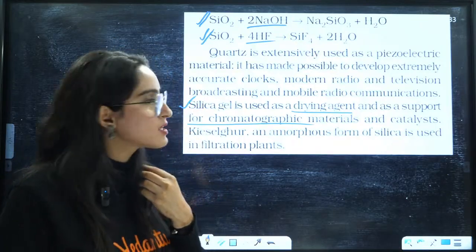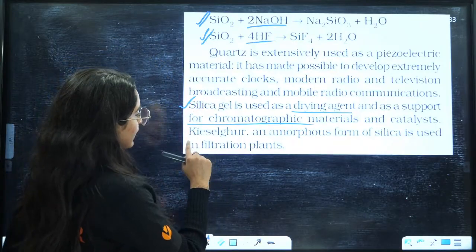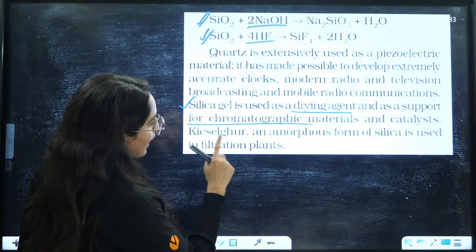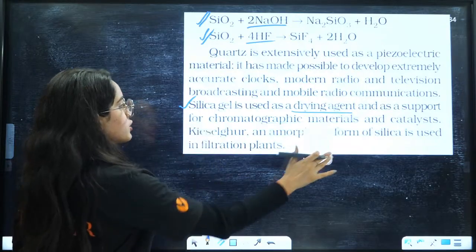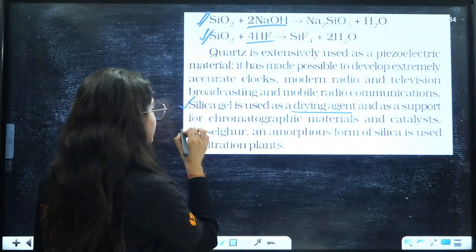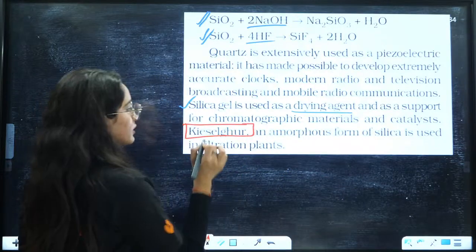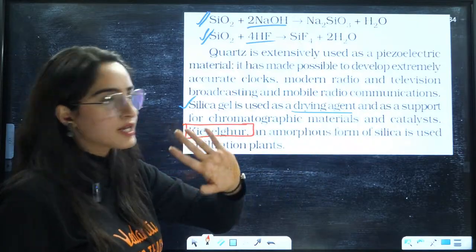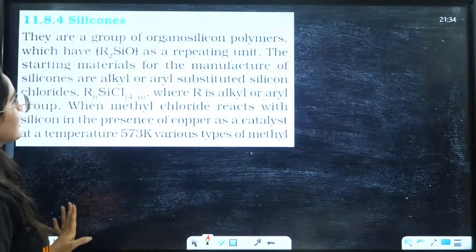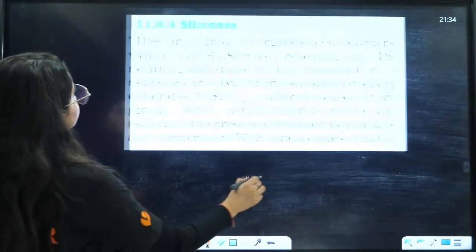Then an amorphous form of silica is used in filtration processes. Just remember the name here.